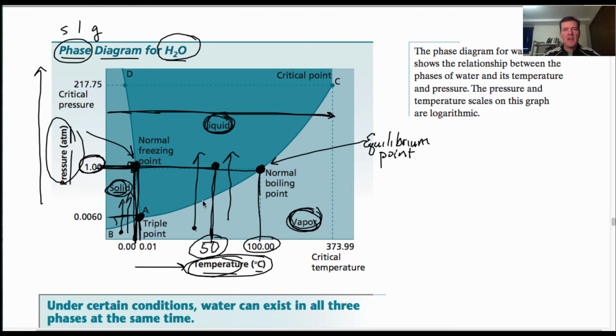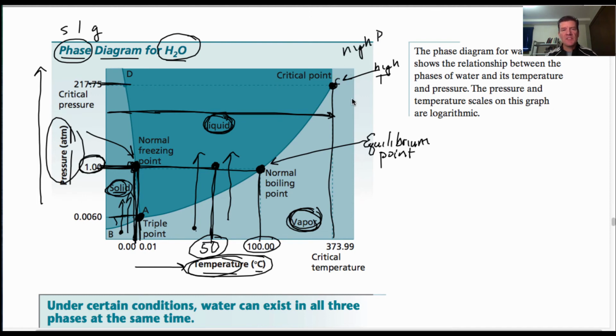All right? And then there's one other value that I want to mention here, and that is up here. This point right here is where you're at the end of the boundary line between liquid and gas, and that is at a very high temperature and a very high pressure as well.